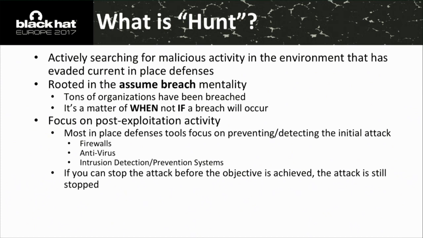If you're a significant enough target, you're going to be targeted. It only takes that one chance for someone to gain that initial code execution. And so for some level of compromise or some type of malicious activity to occur in your network is a very likely event. What we're focusing on is that post-exploitation activity where, after the code execution has occurred, how can we detect the adversary activity in the environment?